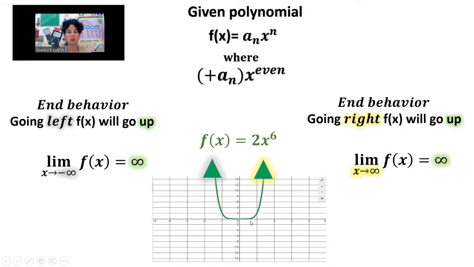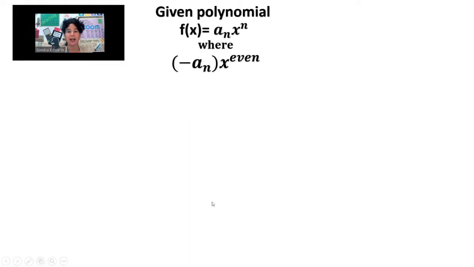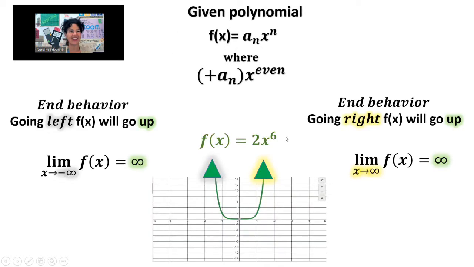So I substitute 1, 2, 3, 4, 5, 6, and I keep substituting numbers towards infinity. And as I substitute those numbers into this function, the overall answer is getting larger and larger and larger, so the answers are heading to positive infinity.